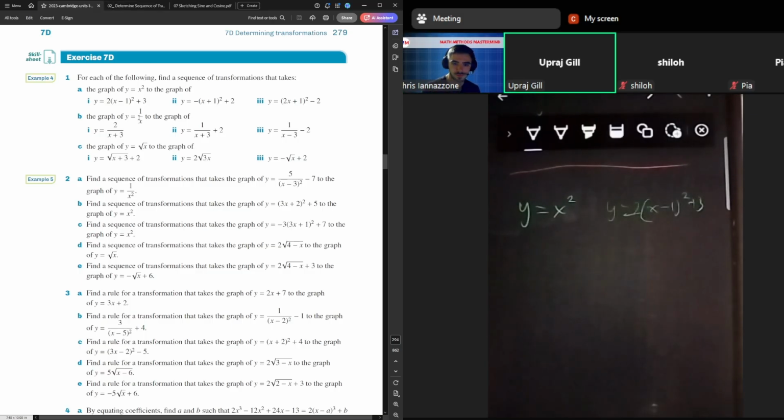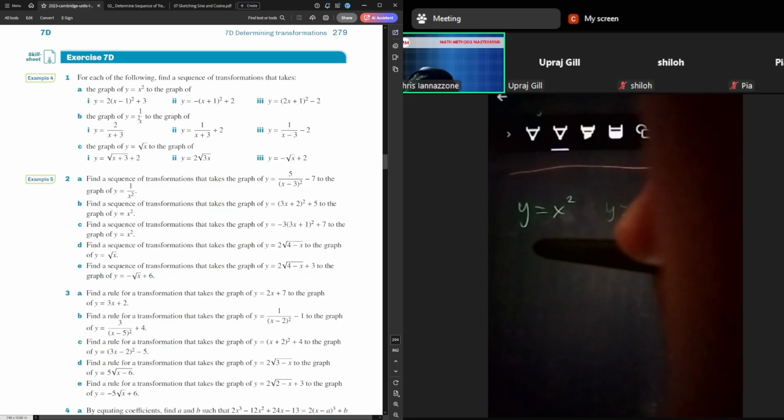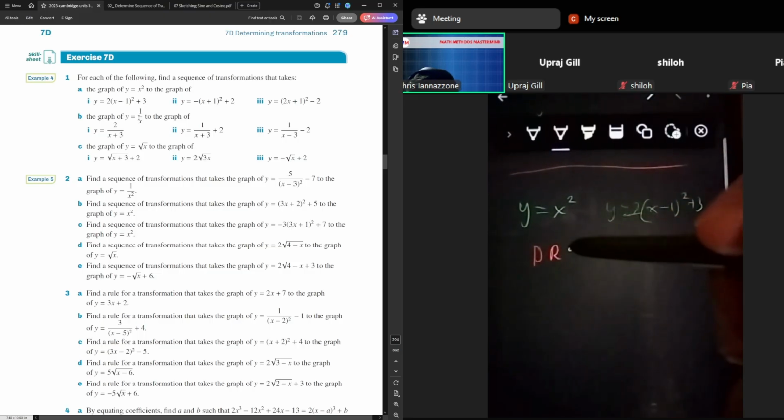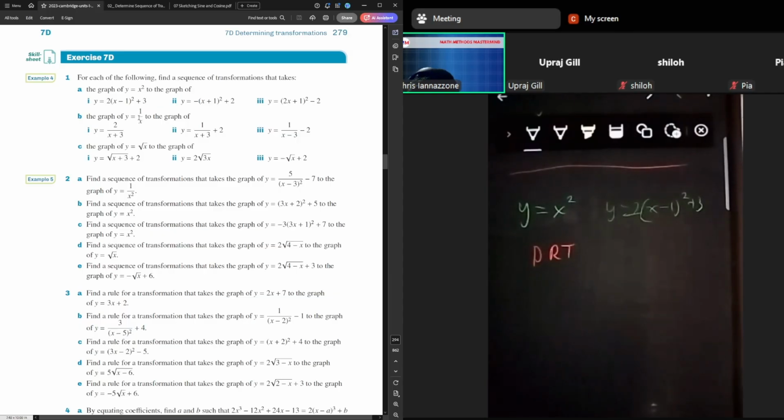Would you want to apply the dilation factor to y equals x squared first? Yep. So if we're doing the function notation version, you want to make sure you're doing your transformations in order of DRT. And so yeah, applying a dilation factor.